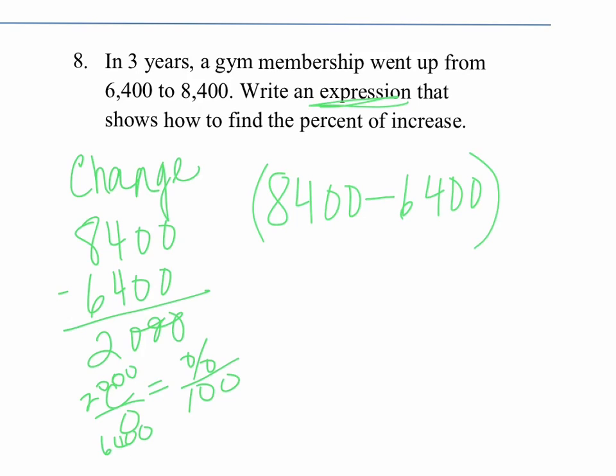We don't know the percent, so if we did our cross products, we would have to divide by 6,400. That would give us a decimal, and then we would multiply by 100 to get the percent.